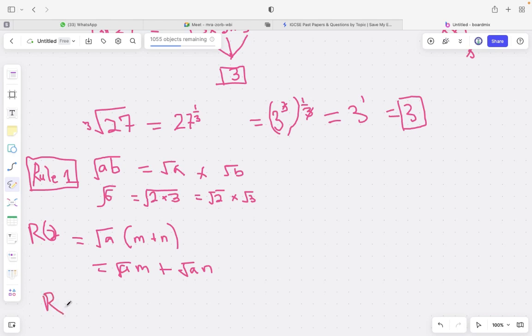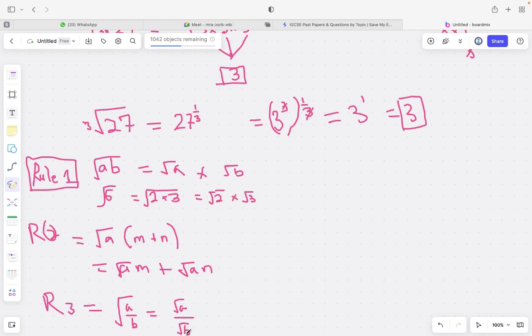Then the third rule. If we have a root of A over B, this can be simplified by writing root A on top and root B at the bottom.